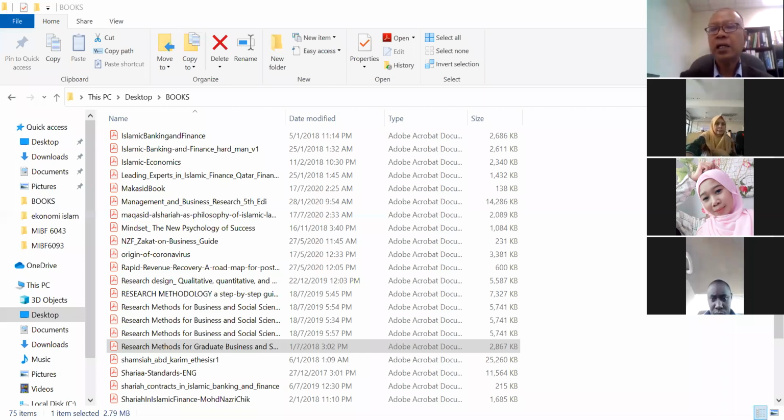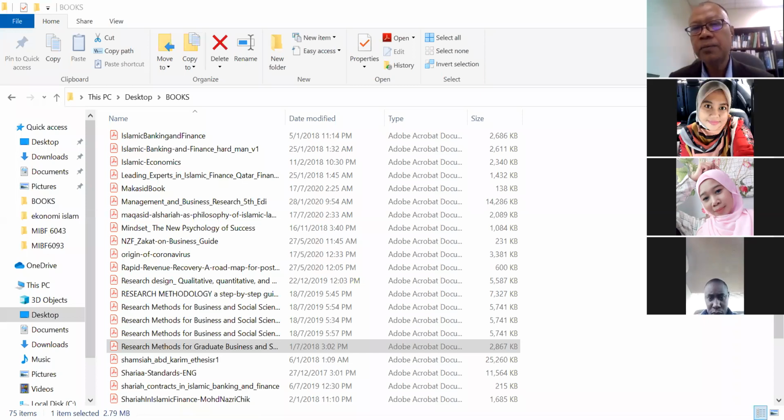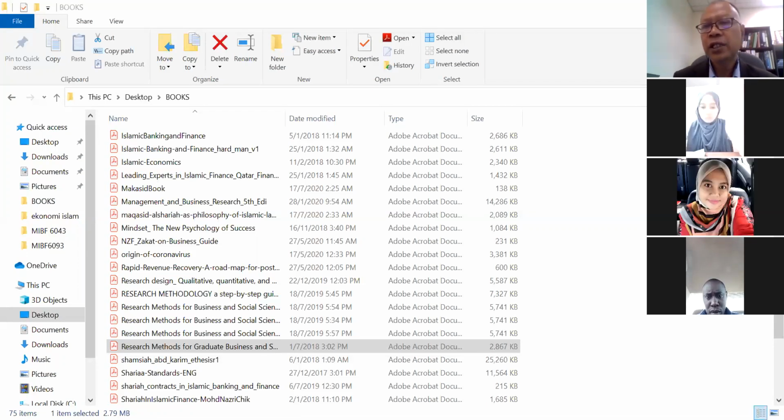You have to design how you're going to collect data and how you're going to analyze the data in order to get your findings. So in quantitative research, it's very important that you have a proper, strict research design.